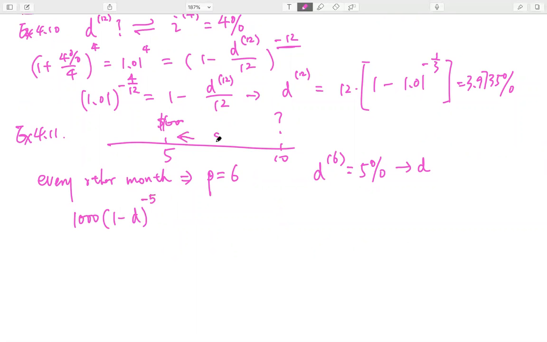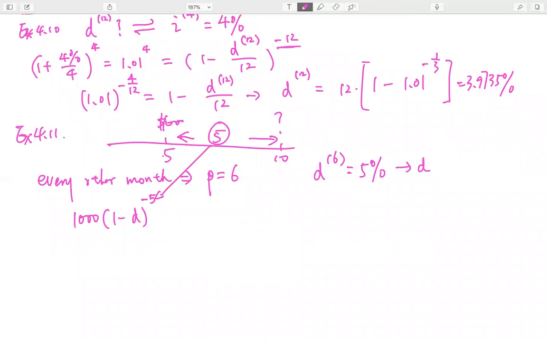In between, we have 5 years. So this is what matters here, not this 5, okay? That's the distance. So you simply need d, right? d is very easy to calculate using one of the formulas.